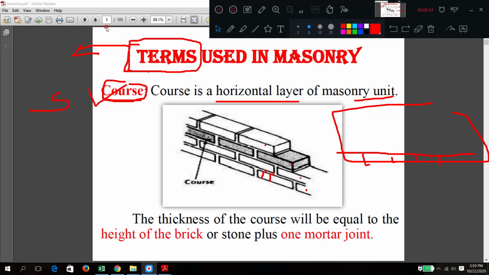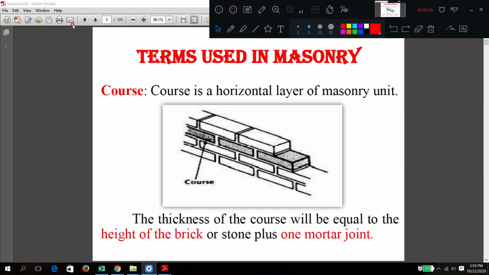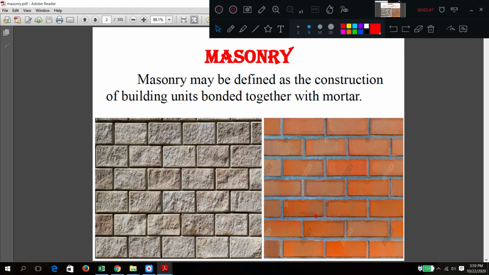If you see this diagram, you will be able to understand clearly. What is the course layer here? Course layer is one building unit thickness plus one mortar joint. This is the thickness of the mortar joint, 10 mm, 5 mm, like that.